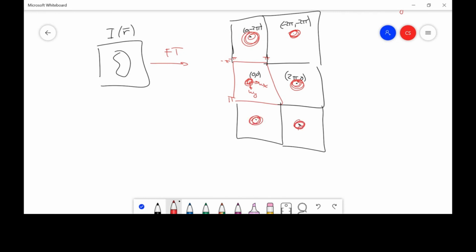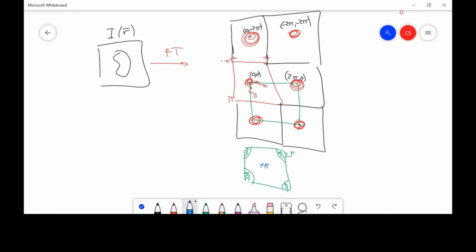Now the FFT libraries, they like this copy. So what you see in the Fourier transform of an FFT library is something like this. We have energy there, energy there, energy there. Those corners are the low frequency corners, and this part in the middle is high frequency.